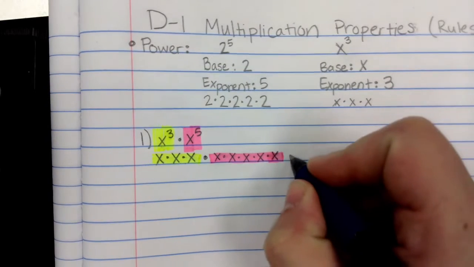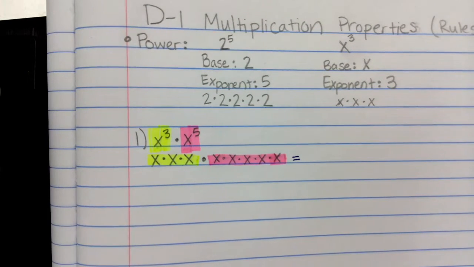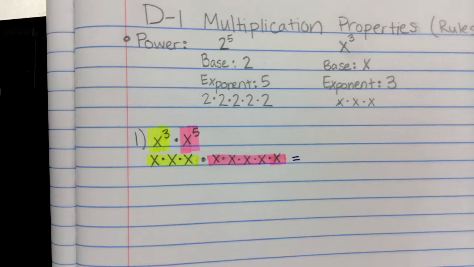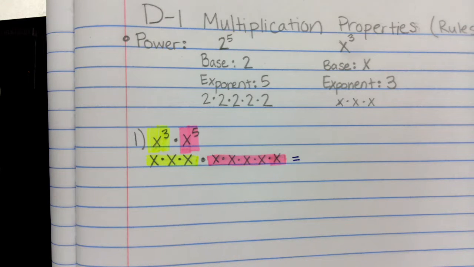How did you get 8? 5 plus 3. Did anyone count it out? 1, 2, 3, 4, 5, 6, 7, 8? No? Okay, well, I did. Okay, there's really 8 x's altogether.